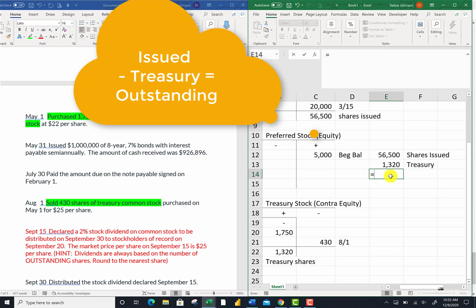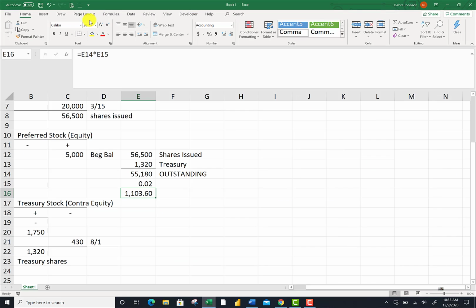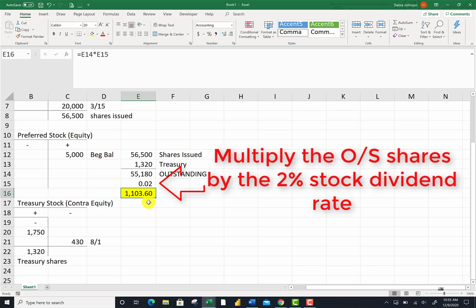The outstanding shares is always the shares issued less the shares in the treasury. This is called the shares outstanding. You'll need to do this every single time you see a dividend. So there's the number of shares that I need to record the stock dividend on.